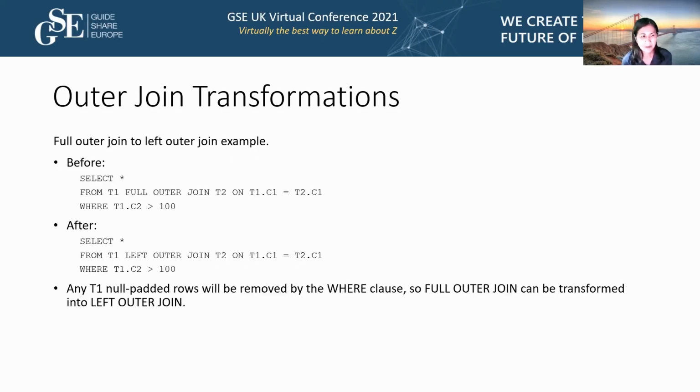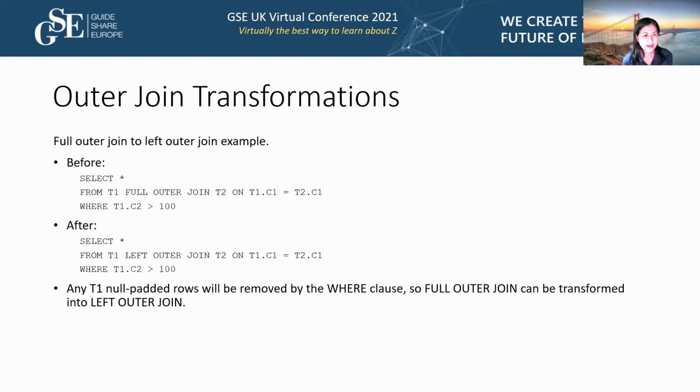Here are some examples of how Db2 transforms a full outer join to a left outer join. In this example, before transformation, we have T1 full outer join with table T2. There's a local predicate T1.C2 greater than 100.